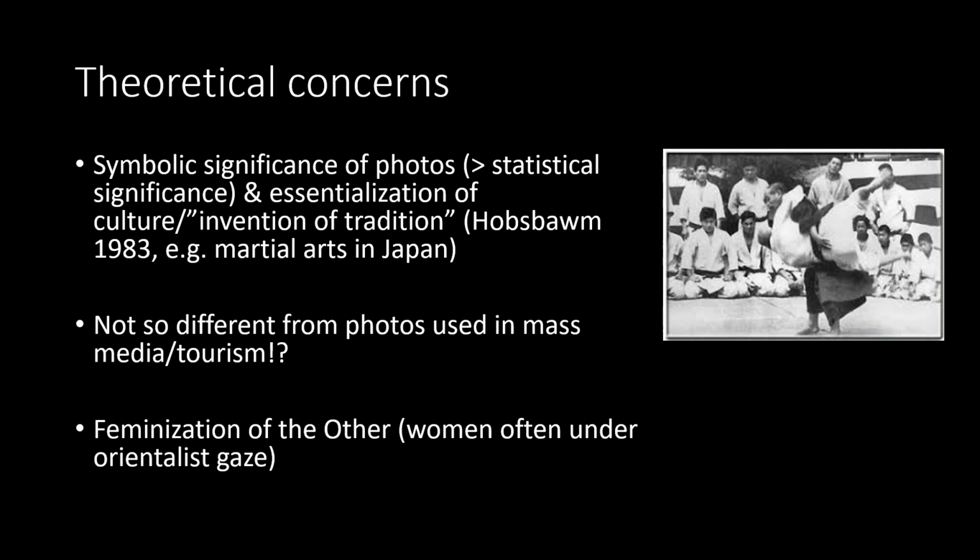Okay, so invention of tradition might be something that's perhaps quite commonly found, but also widely represented in the American anthropology textbooks. Okay? And Kawayama is concerned that perhaps American anthropology textbooks don't do much better than mass media tourism, okay?